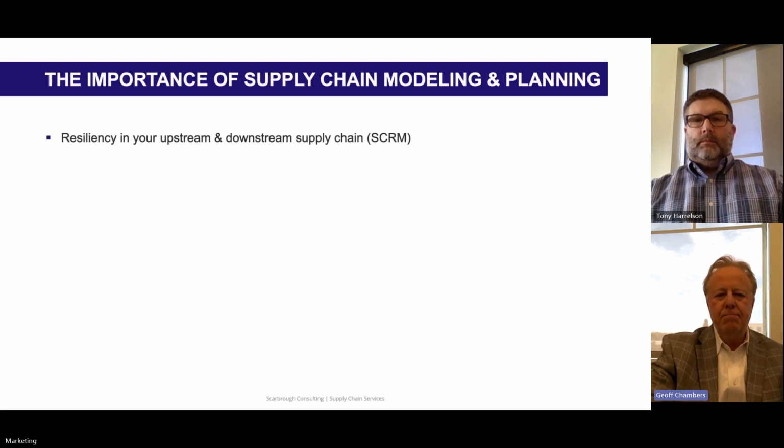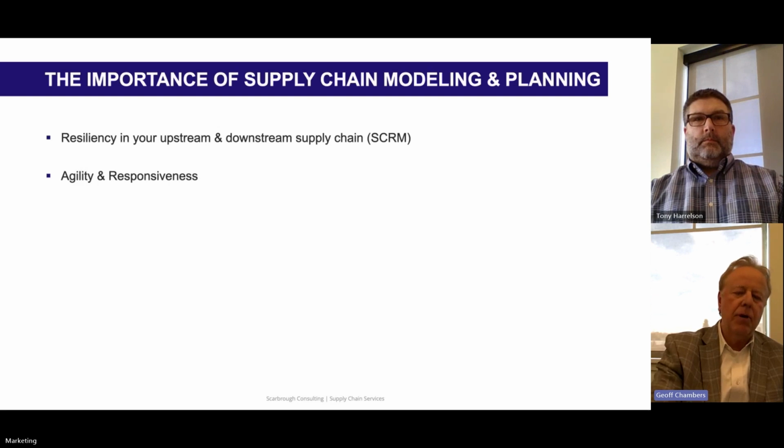The next one is agility and responsiveness. A couple of other words that really came out during the Black Swan event of COVID, as companies realized that they didn't have the agility they thought they had in their industry, in their business, and the responsiveness was slower than they would like to see.